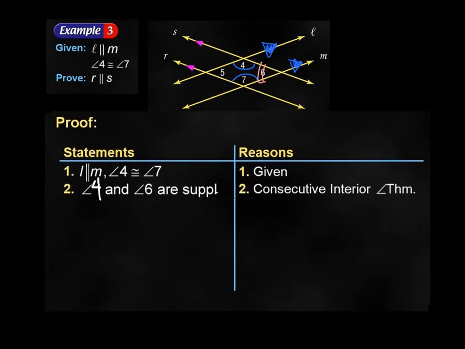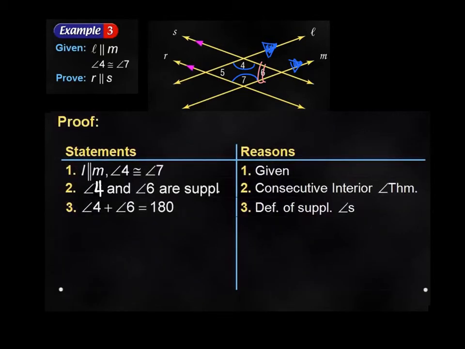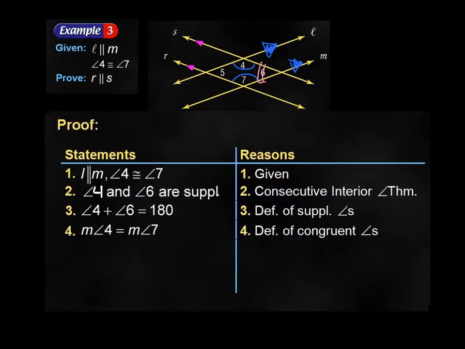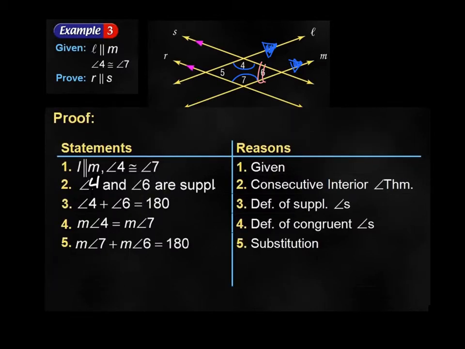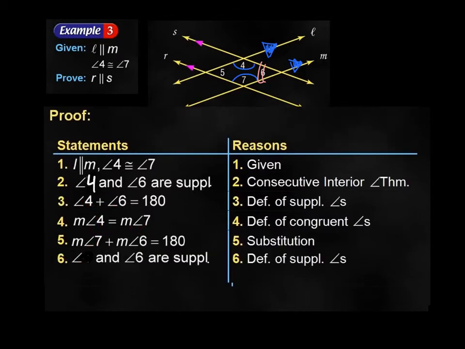Angle 4 and angle 6 are supplementary by the consecutive interior angle theorem. We know that supplementary angles add up to 180 degrees by the definition of supplementary angles. From step 1, we said angle 4 is congruent to angle 7. So the definition of congruent angles is they have the same measure. If the measure of angle 4 is the same as angle 7, we can replace the 4 with the 7 by substitution.